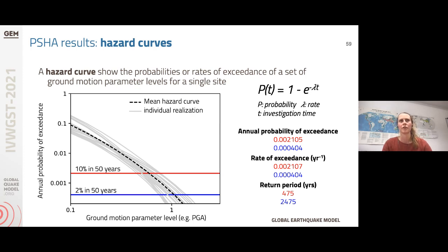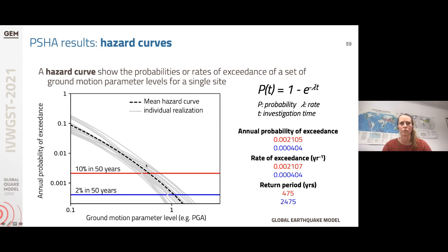So the first result type here is the hazard curve, which is the primary result of the hazard calculation. And it's referring to a single site with a defined site condition and 1 ground motion parameter. So the plot is showing an example that highlights some of the concepts regarding hazard curves that are important to understanding the PSHA results.